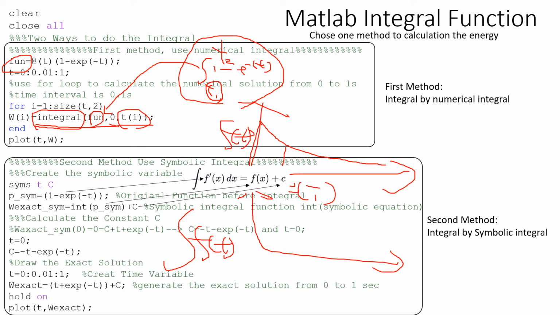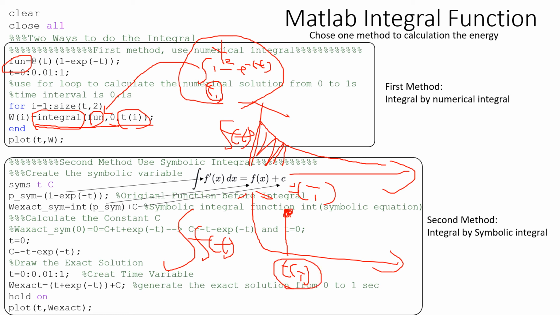It will return this area and put the value in here, ti. It will only return one value, at time equal to ti.